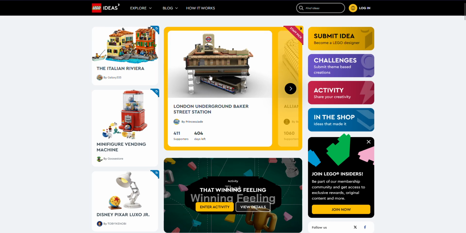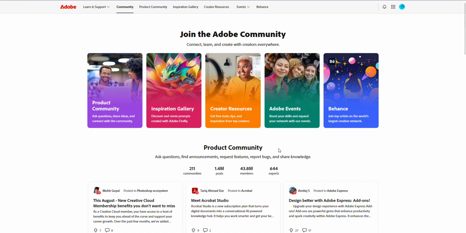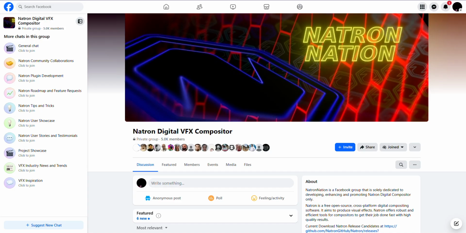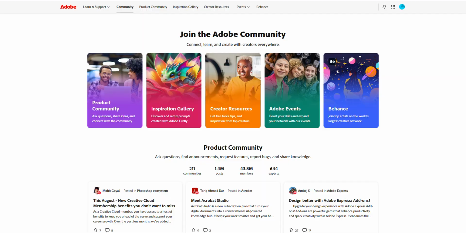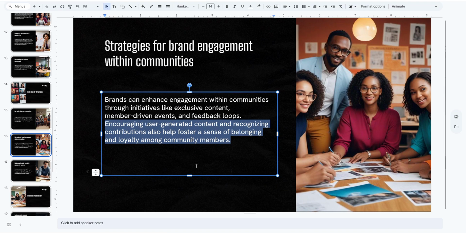They are saying, okay, maybe if you do this, this one will be a better place, and things like that. So people are coming together to discuss an idea, which helps a sense of belonging and loyalty among community members.